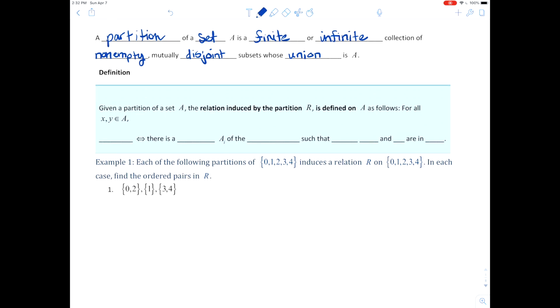Okay, so definition. Given a partition of a set A, the relation induced by the partition R is defined on A as follows.